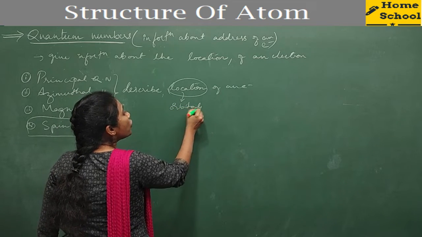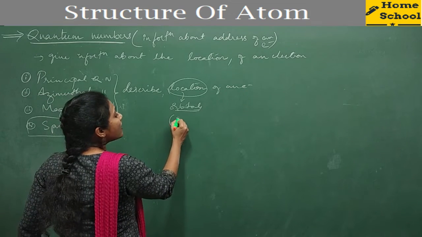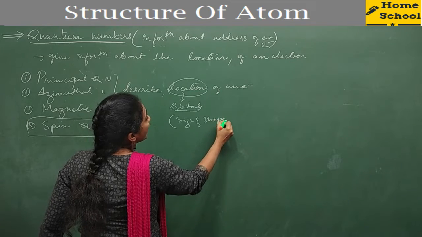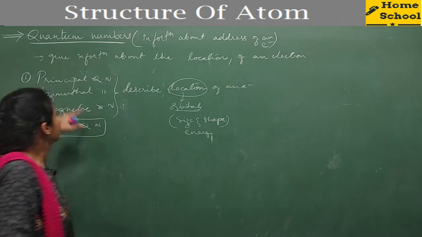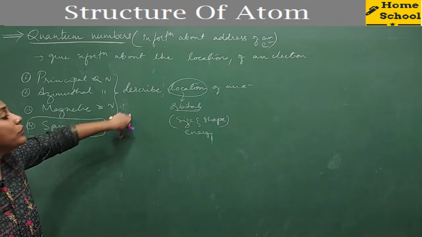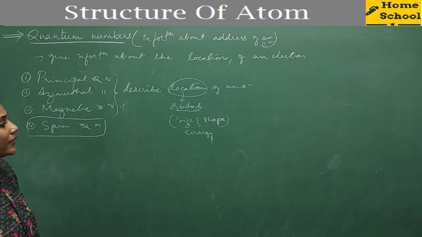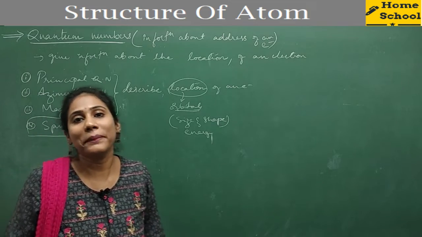Orbitals have a specific size and shape, and orbitals have some amount of energy. So these quantum numbers indirectly tell you about the size of an orbital, the shape of an orbital, and the energy of an orbital.